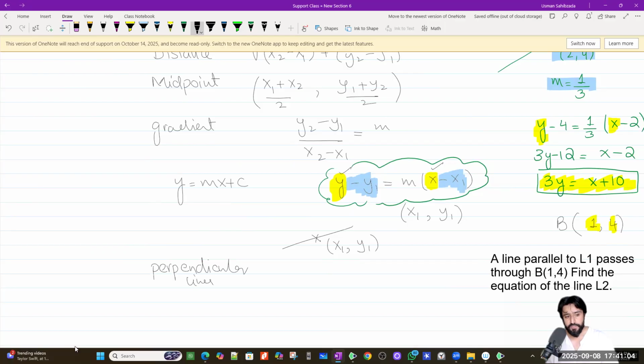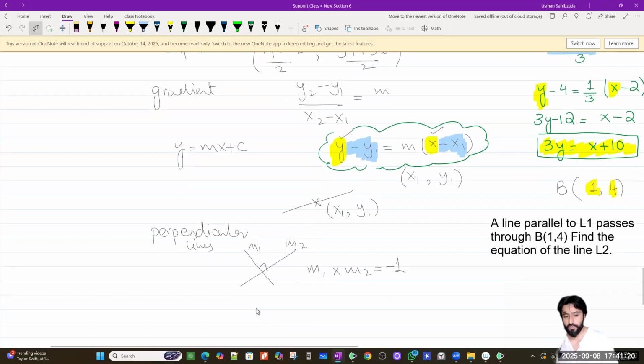Perpendicular lines are such that their gradients multiply and give you -1, which means that their gradients are negative reciprocals of each other. So m2 equals -1 over m1. If someone did not know this, they should know it now. We keep on using this concept in different questions.